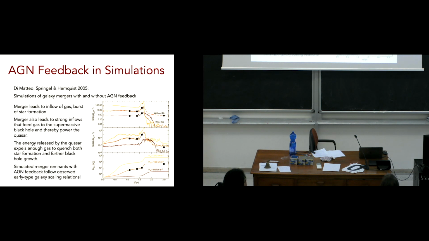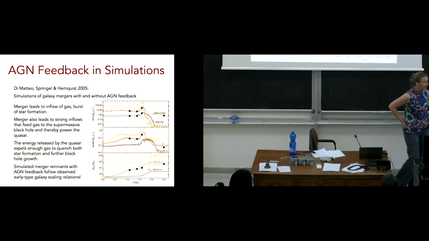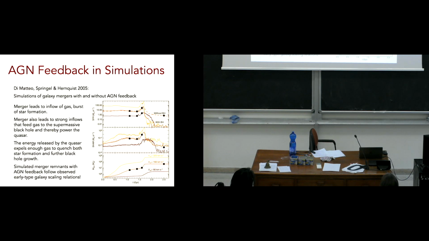But if there's a black hole and AGN feedback present, then this feedback will quench star formation, and also then regulate the black hole growth in turn, because there's not much of a reservoir. So you can see here, in the absence of a black hole, star formation would continue. With a black hole, it gets shut down really efficiently.